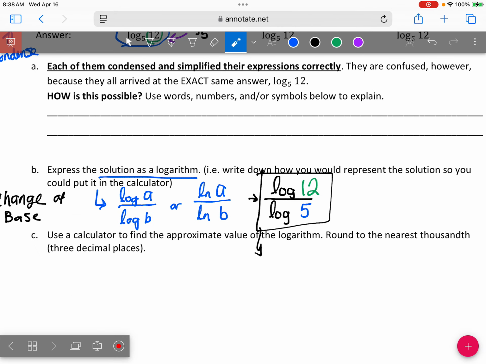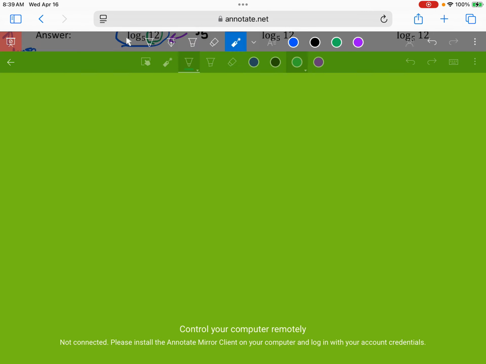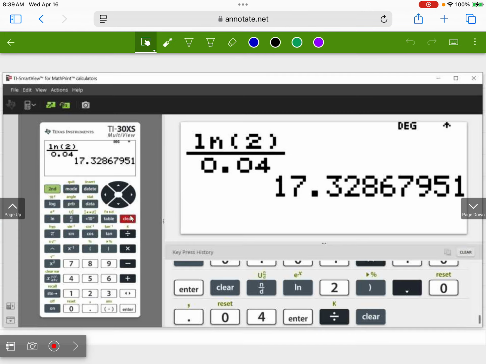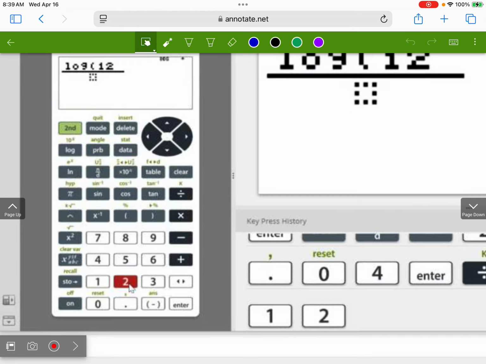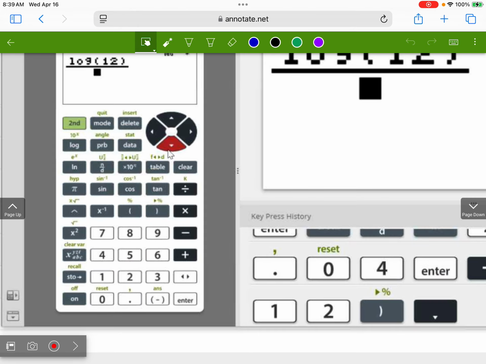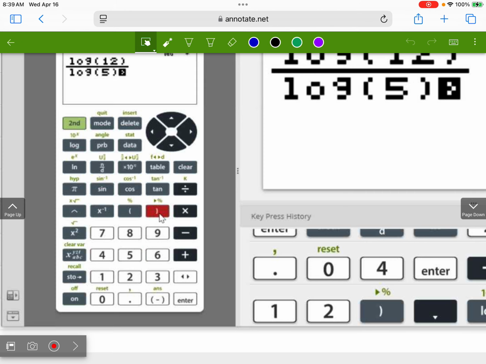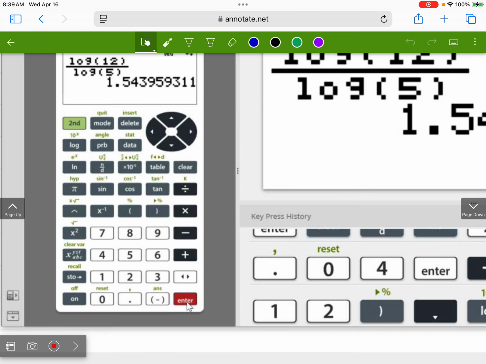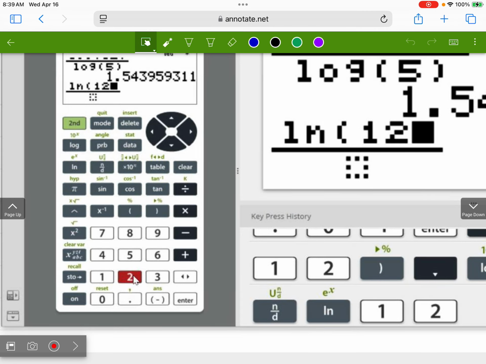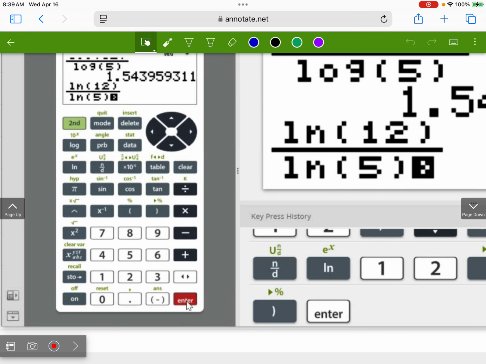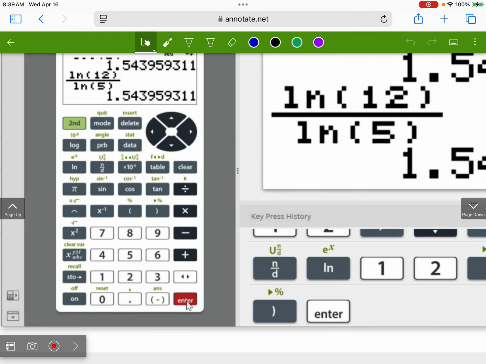For part C, we just type it in the calculator, and we're going to round to the nearest thousandth, 3 decimal places. We're going to have our fraction, and we can put log of 12 over log of 5. Or you can do it with ln. Genuinely, it does not matter. You will 100% get exactly the same answer for both.